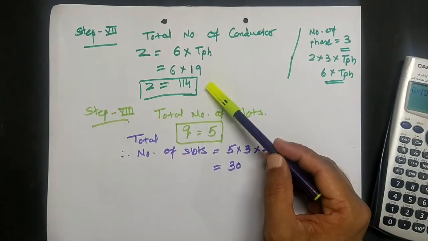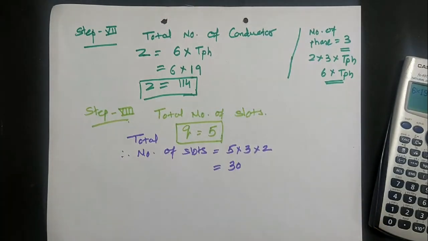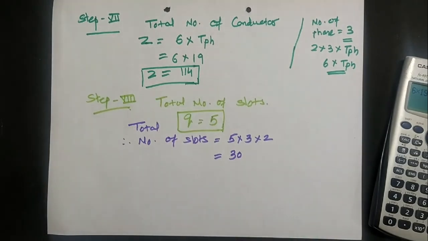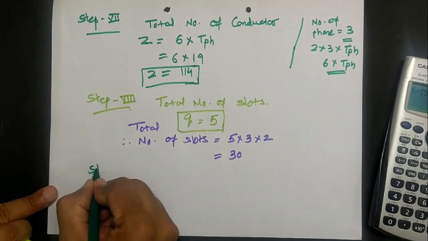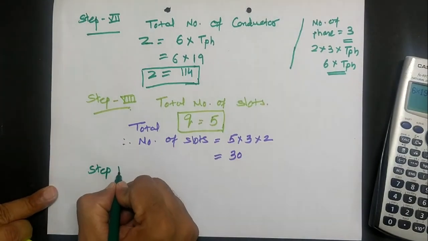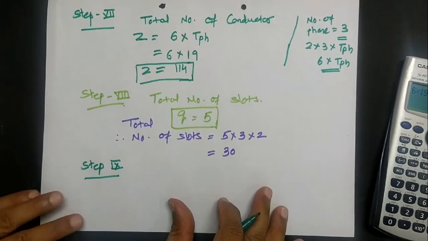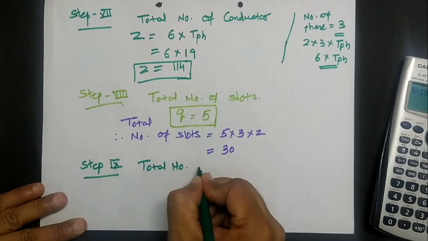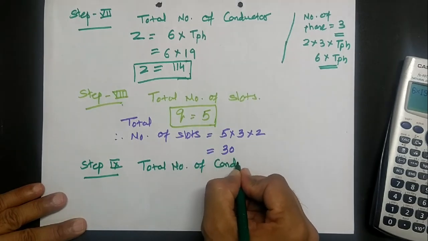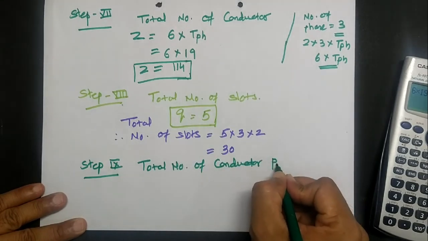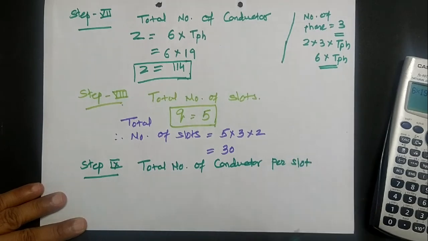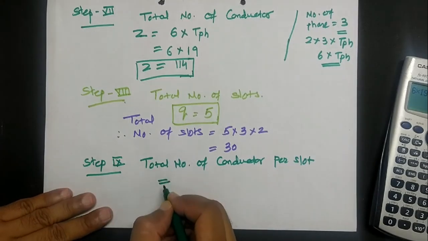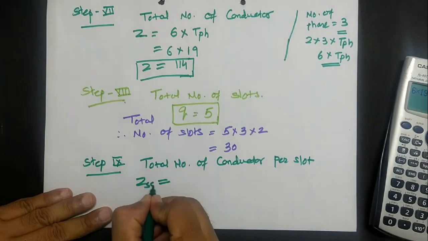The total number of conductors is 114. Based on these two values, we can easily calculate the total number of conductors per slot. Step number 9 is the total number of conductors per slot, that is ZSS.